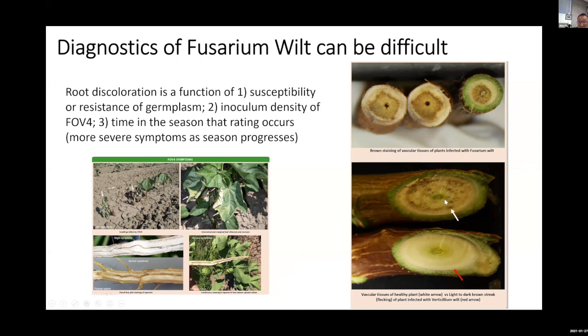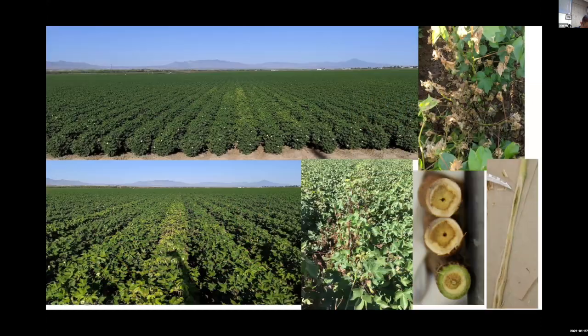As you can see, the difference between verticillium wilt and Fusarium wilt is an accurate way to tell them apart.